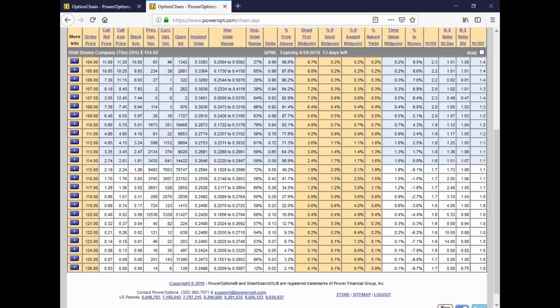That's why diagonal spreads are very popular, because I could sell into this overvalued premium on Disney and then maybe buy a June or July or September series perhaps that's undervalued because it's further out in time. Same expiration of vertical spreads. If the option you're selling is overvalued, either compared to the historical volatility or compared to the Black-Scholes ratio, the one that you're buying is likely going to be overvalued as well.